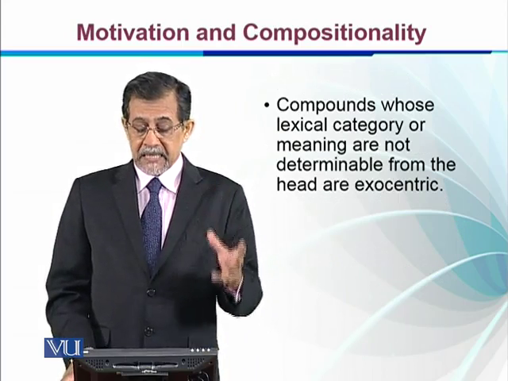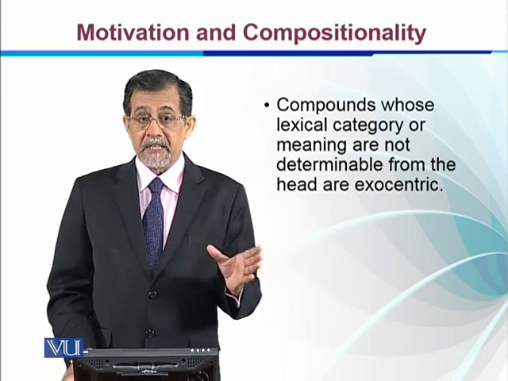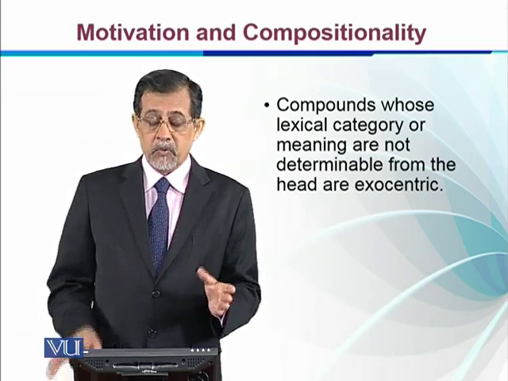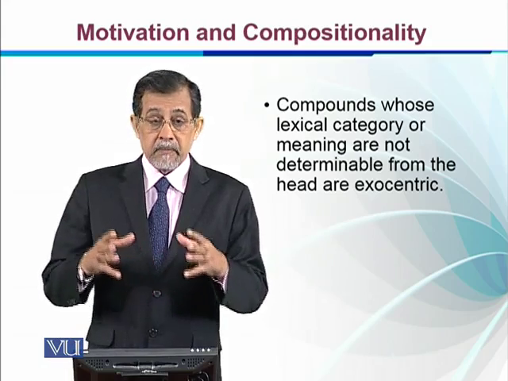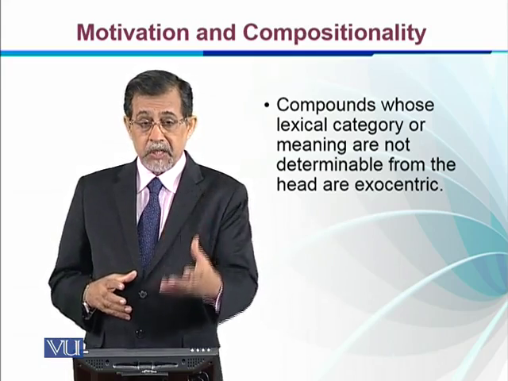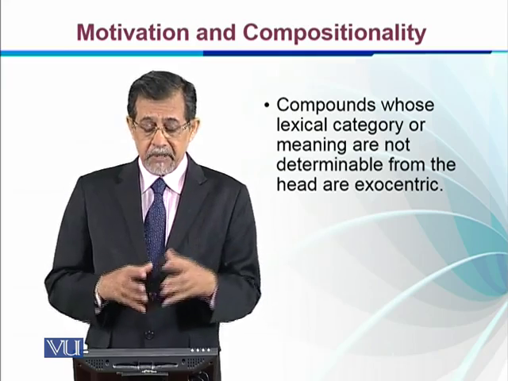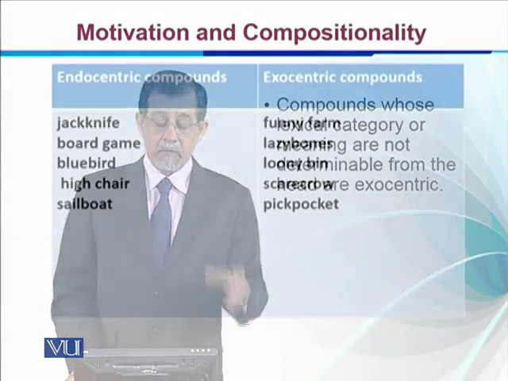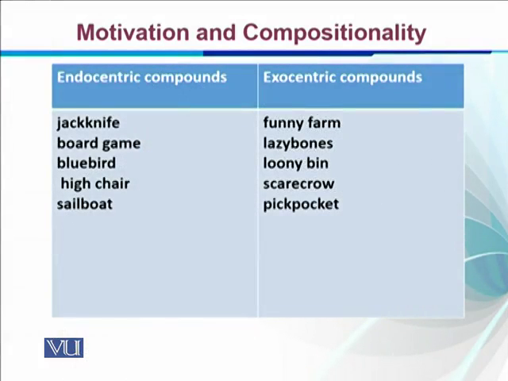Compounds whose lexical category or meaning are not determinable from the head are exocentric. When they share the meaning, they are endocentric. When they do not share the meaning, they are exocentric. We can have a few examples. Endocentric compounds: jackknife, board game, bluebird, high chair, and sailboat.